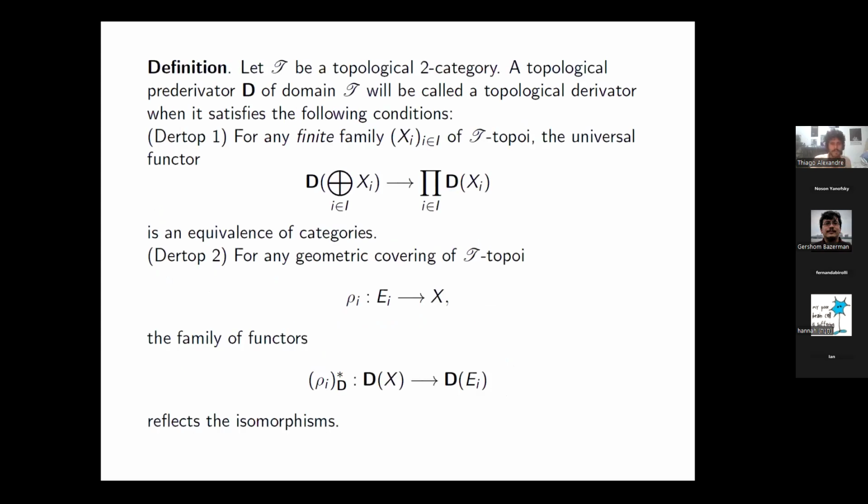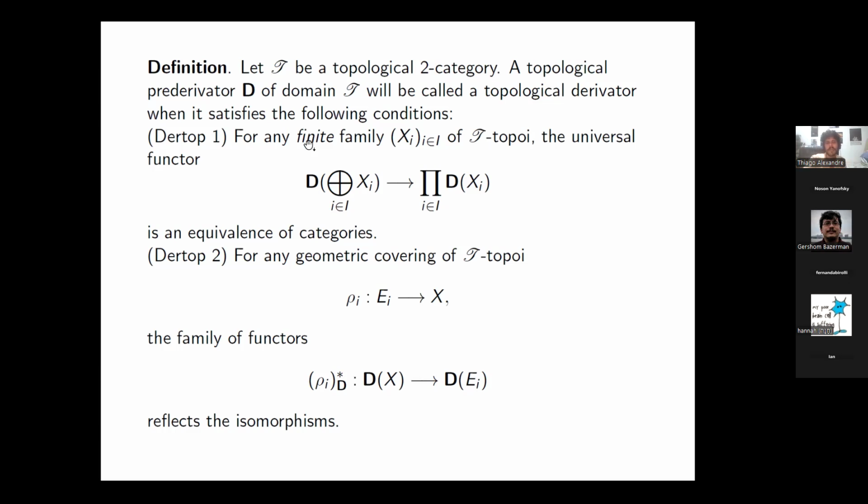Now, the definition I'm not going to repeat. We just consider as axioms for a topological derivator the axioms I presented in the beginning, which are the translations of the axioms of derivators in terms of essential geometric morphisms between categorical toposes.